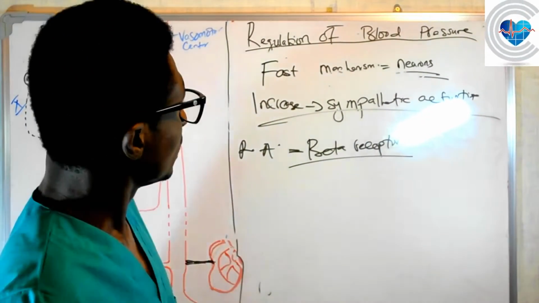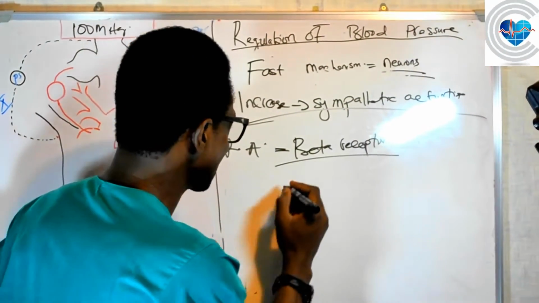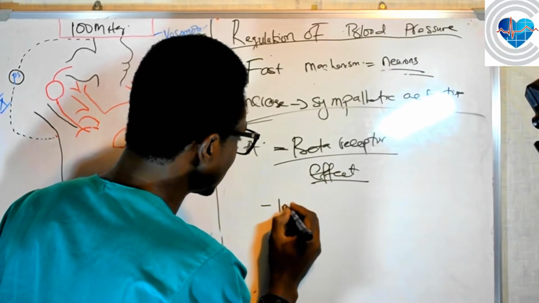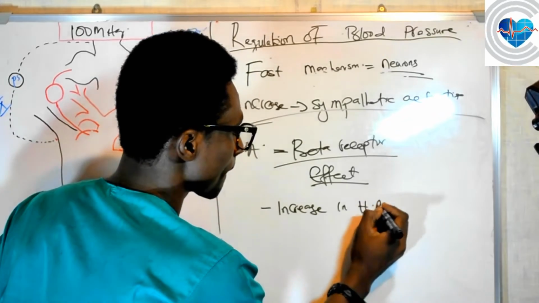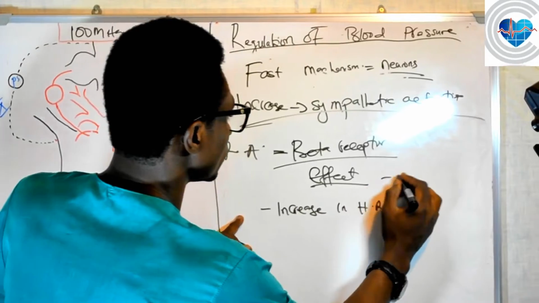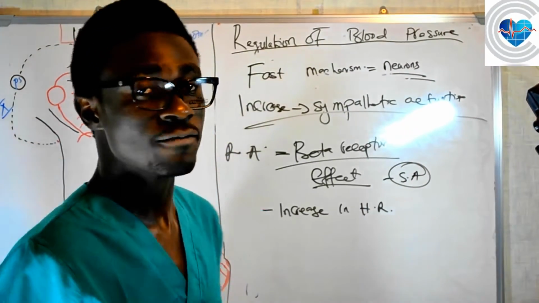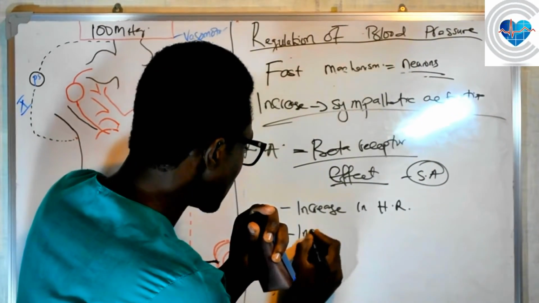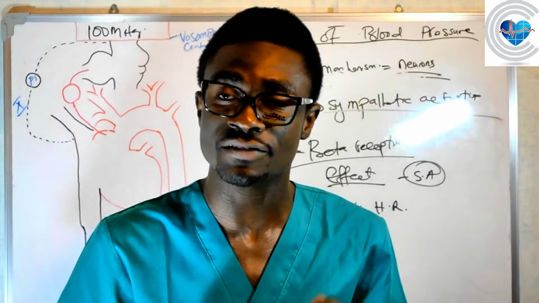What happens is that these sympathetic fibers now cause an increase in the heart rate. That's first, because the SA node determines the rhythm of the heart, understand? Therefore, they cause an increase in the heart rate. Secondly, they cause an increase in the contractile activity of the heart.